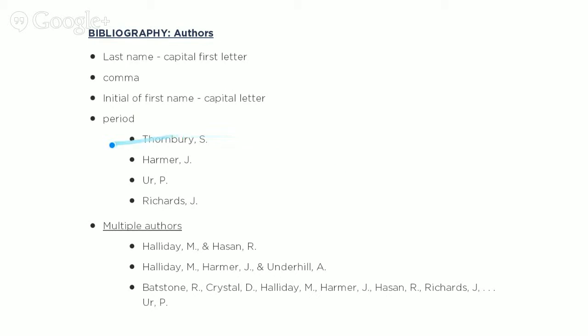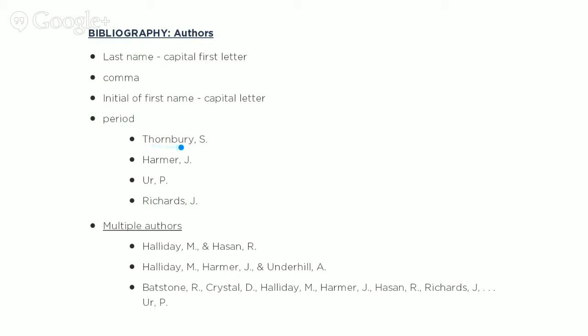And this has a few characteristics, which we have here on the top. First thing is you're going to list the last name of the author, and the first letter has to be in capitals. Then you're going to use a comma, and then you're going to use the initial of the first name of the author, and that has to be also in capital letter, and you're going to finalize on a period. And here we have a few practical examples. So notice the first capital letter on the last name.